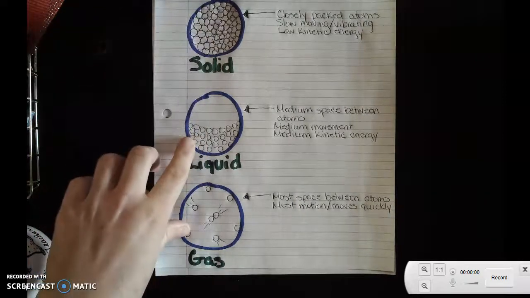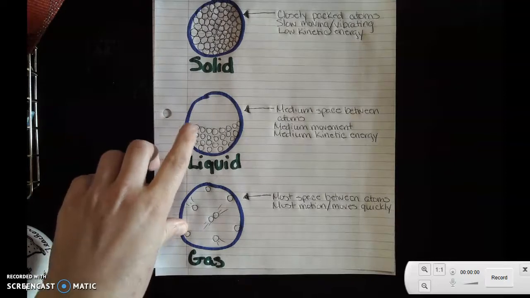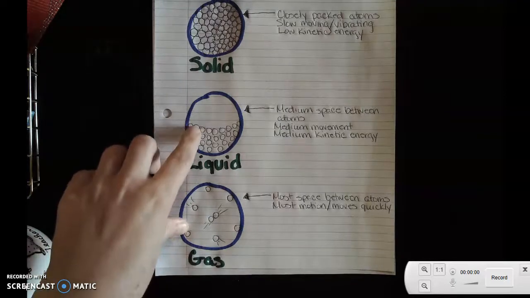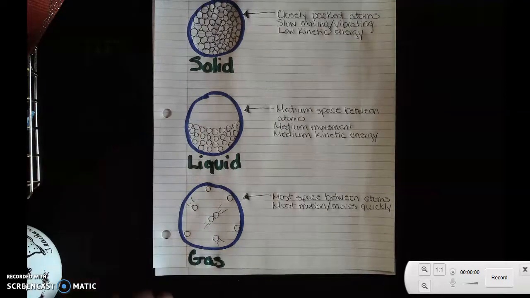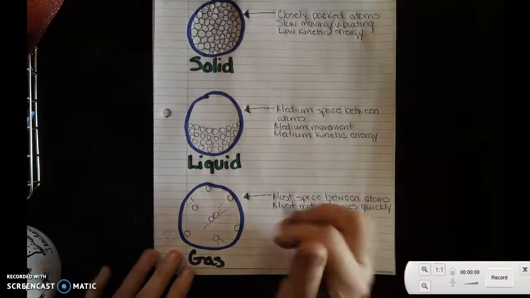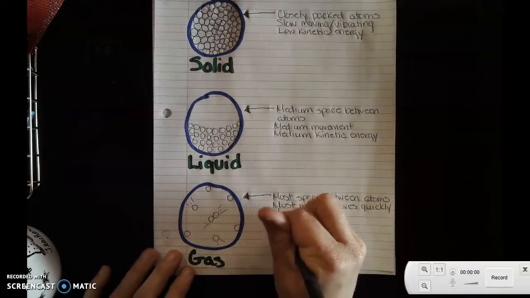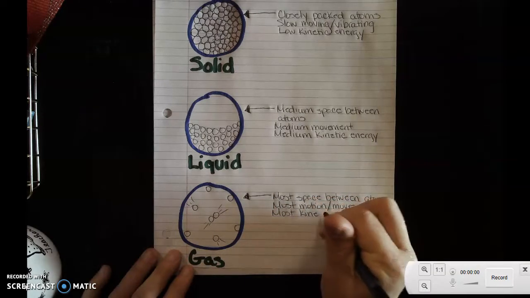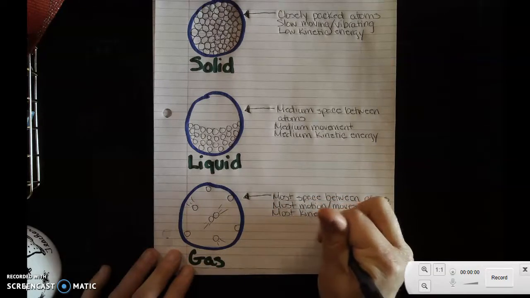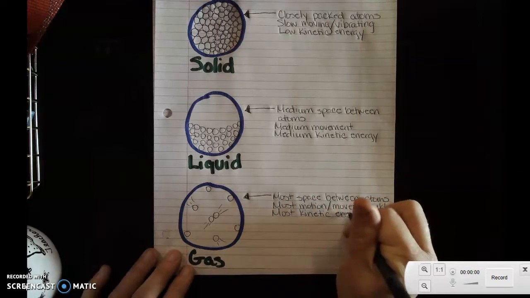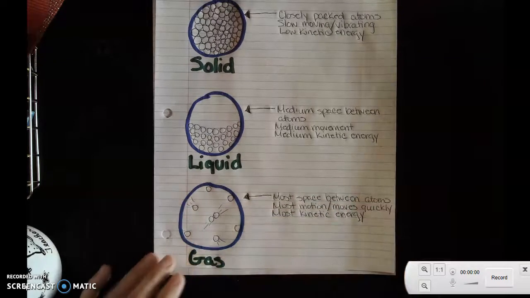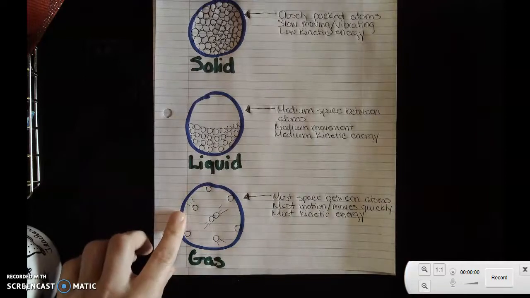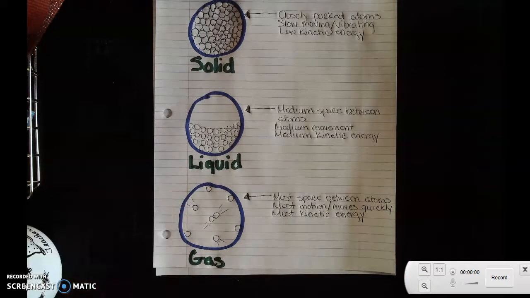This has medium kinetic energy because it has medium movement, because it has medium space to move. So here, this is going to have the most kinetic energy because it has the most motion, because it has the most space to move.